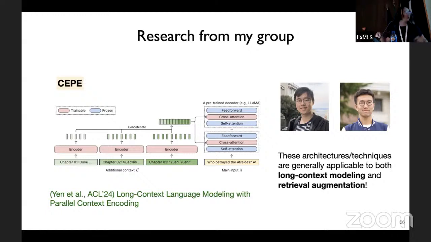I actually find that many techniques used to scale up long context and those used to scale up retrieval and language models are very similar. The techniques can be shared between the two. The difference is how the data is arranged. For long context, you take a very long document. For the retrieval augmented model, you take the input and also the retrieved passages. So the techniques are actually the same across these different dimensions. Okay, thank you.